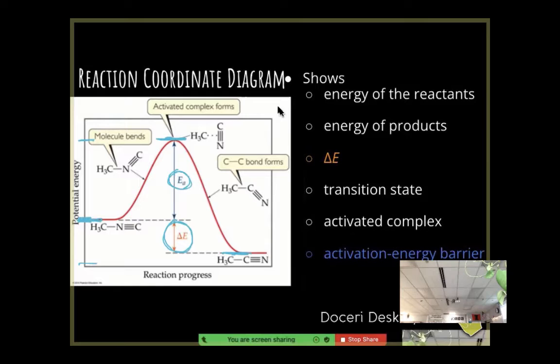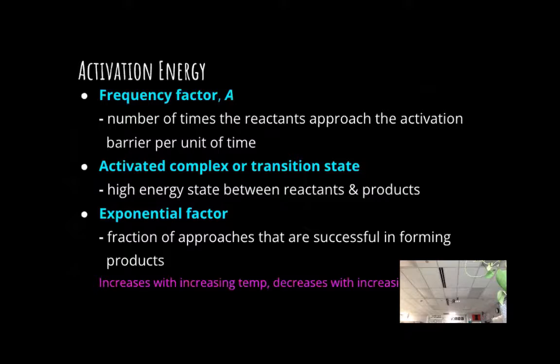Also, at the top of the energy barrier, if it shows you what the progress of the reaction is in terms of the actual substances, you can see what's called an activated complex or transition state, and that shows you an intermediate that forms that's pretty much unstable as you're going from the reactants to the products. So it's not going to show up in the overall equation, but it's kind of those reactants and products transitioning from one to the other. And then again, like we said, the activation energy barrier is that difference between the bottom and the top.